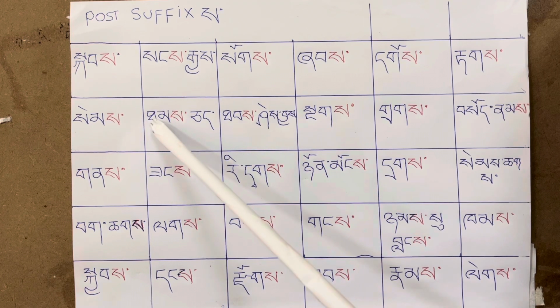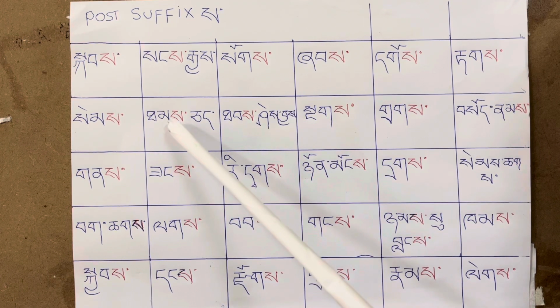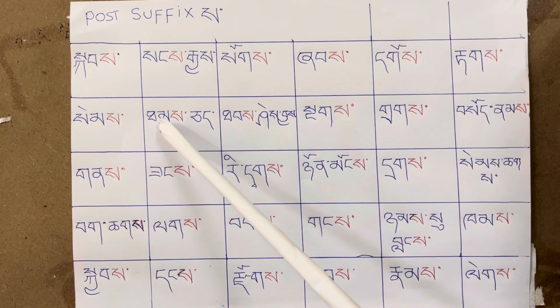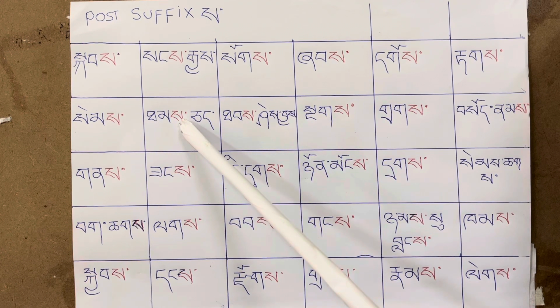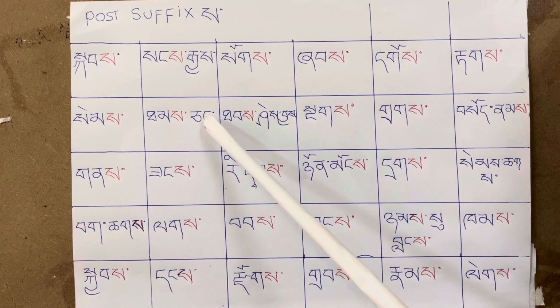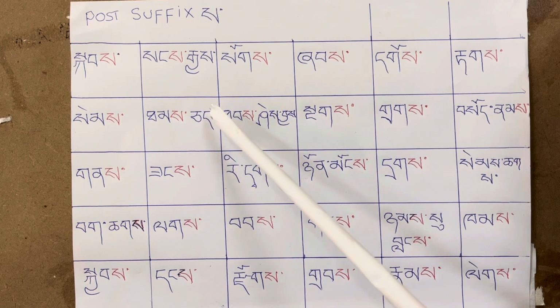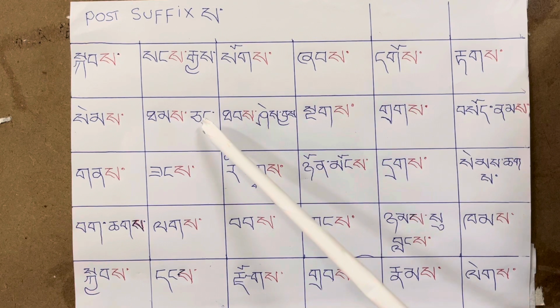So we know this is root letter, this is the suffix, and this is post suffix which remains silent. So tha ma sa tham. Cha da che. Tham che. All. Entire.